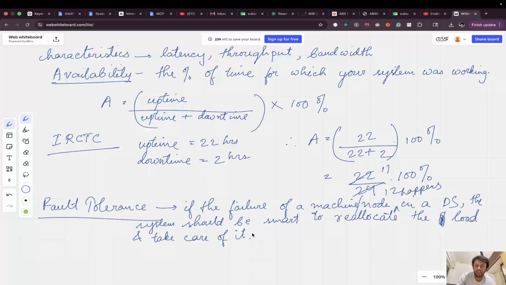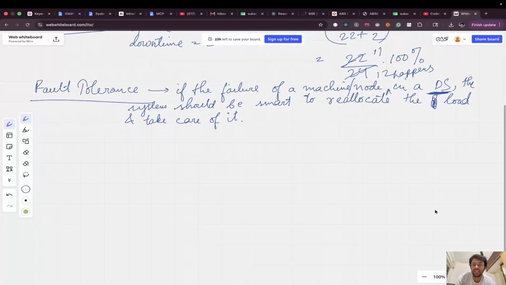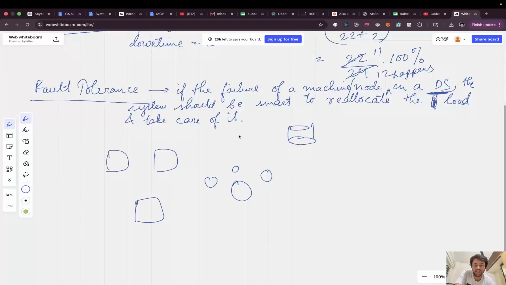And obviously, when you have a distributed system, DS means distributed system, not data structures. In a distributed system, you obviously have a lot of nodes. You'll be having one machine, another machine, here one database, here some clusters, lots of machines. Now, suppose one machine goes down, then the whole system should not crash.